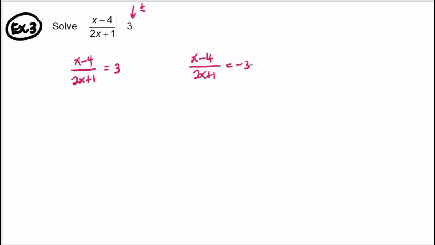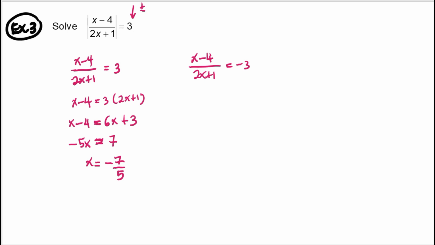So x minus 4 is equal to 3 times (2x plus 1). You expand that, it will be 6x plus 3. Therefore we have negative 5x, because I bring 6x to the left side. 3 plus 4 is 7, therefore x is equal to negative 7 over 5. Now we are done with this one. Next we need to solve this one.